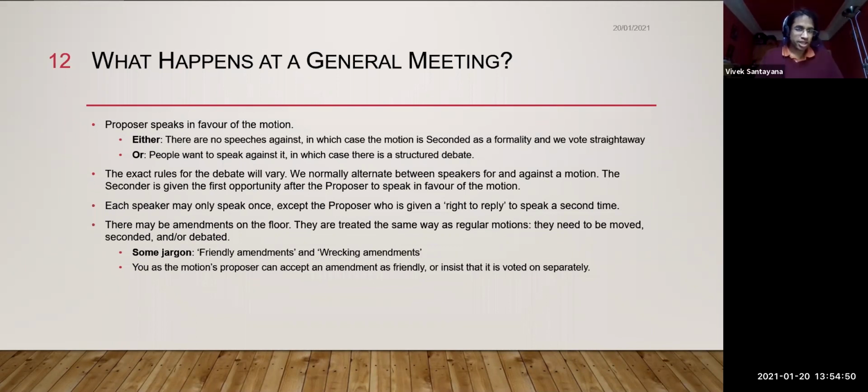You as a proposer can choose to accept an amendment as friendly, in which case you can just take the amendment to the motion and we vote on the entire motion and the amendment. This saves us time, and we treat it as if you had moved the original amended motion in the first place.